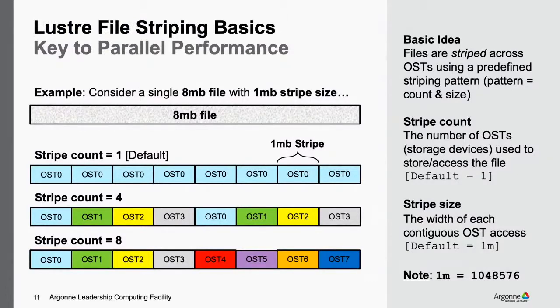All right, so let's consider you have 8 megabytes. We can say file, but just think about I have 8 megabytes of data. In our default settings, the stripe size is 1 megabyte. That's what Lustre is optimized for, so anywhere that's running Lustre is probably using 1 megabyte.